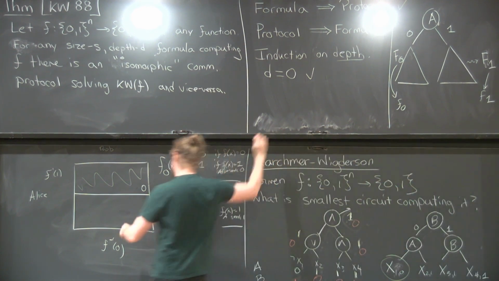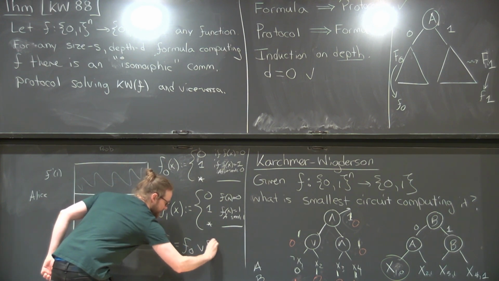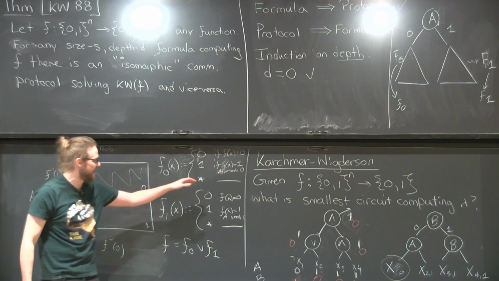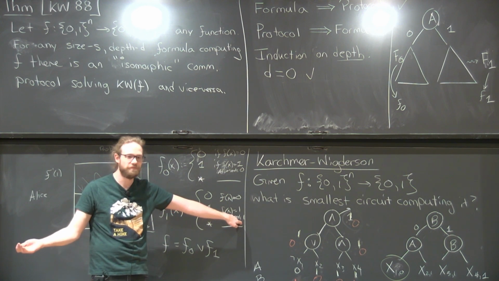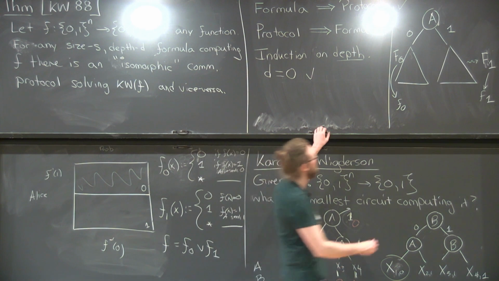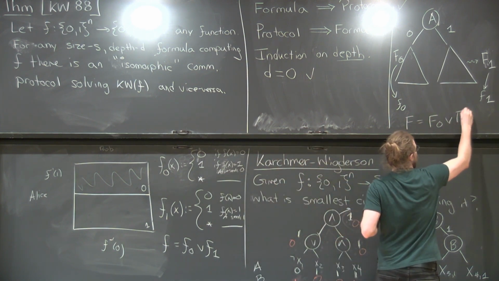It's very easy to see that f is just exactly f0 or f1, because any input has to either be, Alice either has to send a 0 or send a 1. So the final formula will just be f0 or f1.